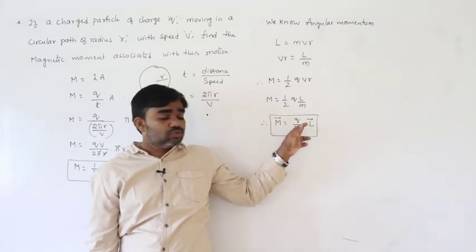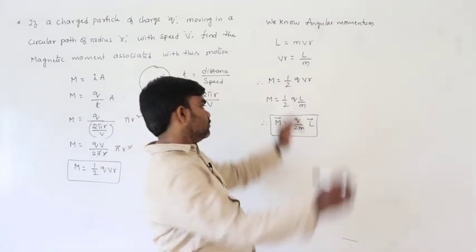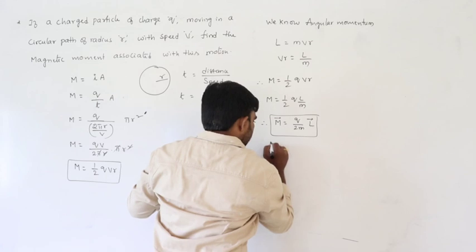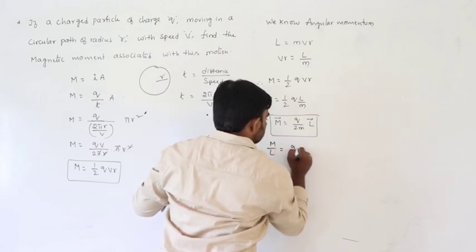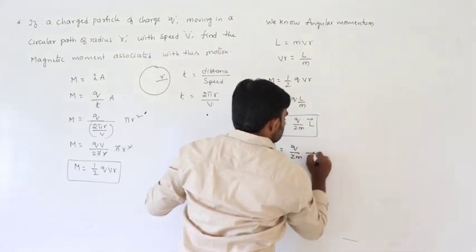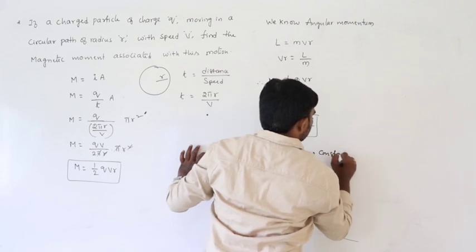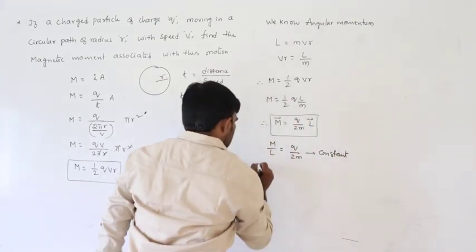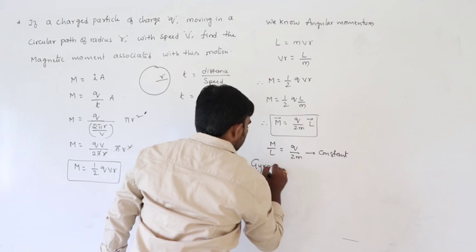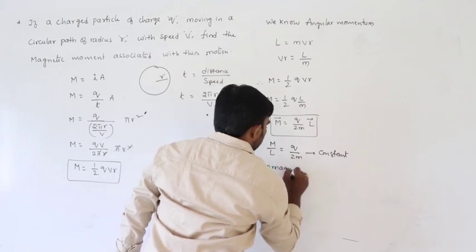From this, M by L is equal to Q by 2m, which is a constant value. This is called the gyromagnetic ratio.